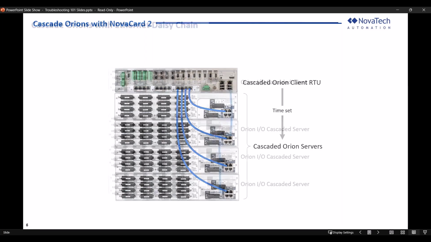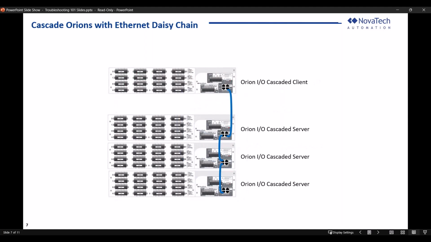And then the most interesting architecture we've seen is cascading IOs. If you order the Orion IO, this will be an LX Plus by the way, I just forgot to swap it out, with the 4 Ethernet ports, these ports can act as separate ports on different subnets, or you can bridge them together and act as a switch.